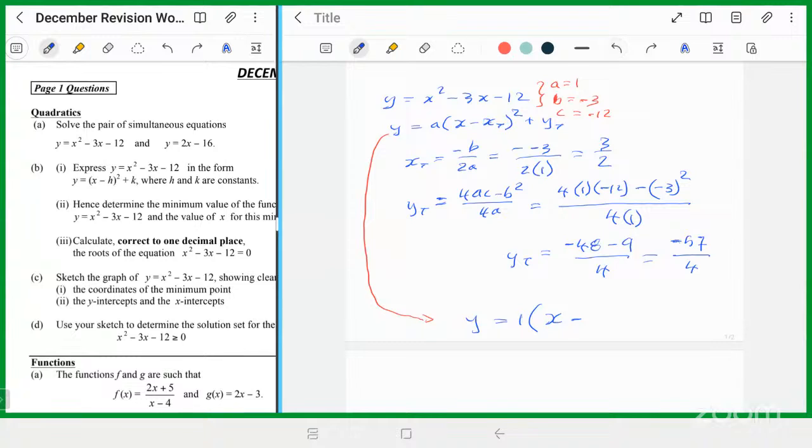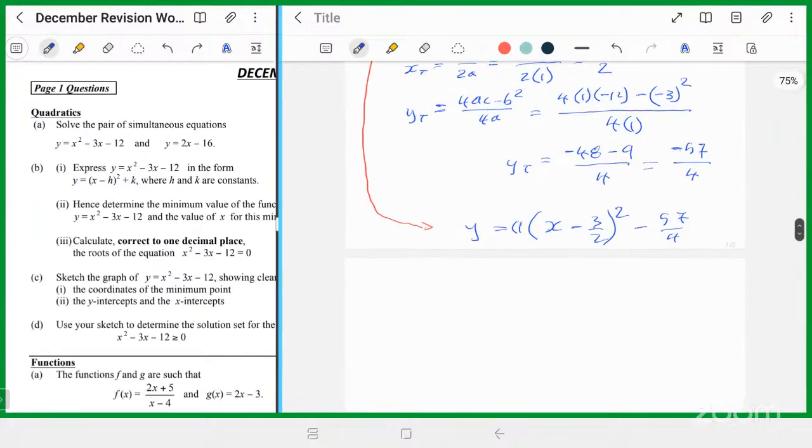So subtracting 3 over 2. Don't forget to put on the square for forming the perfect square. And the plus yt is negative 57 over 4. So it's minus 57 over 4. And we don't need this 1. So it is y equals x minus 3 over 2 squared minus 57 over 4.